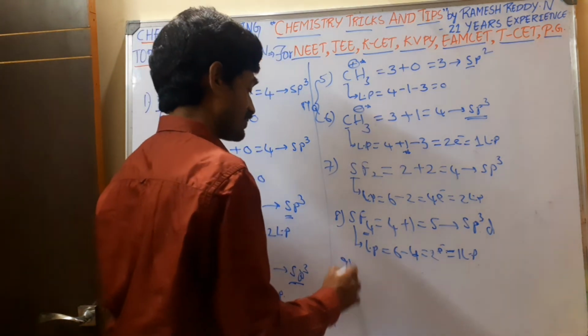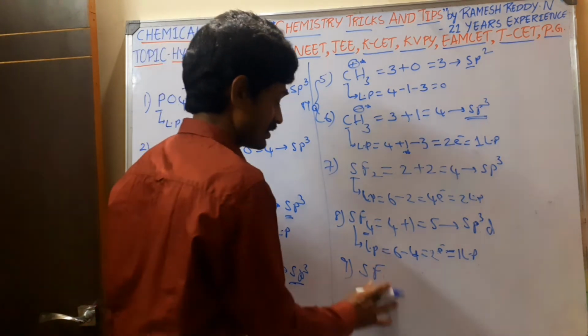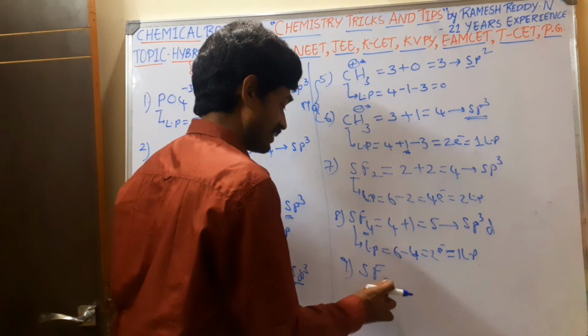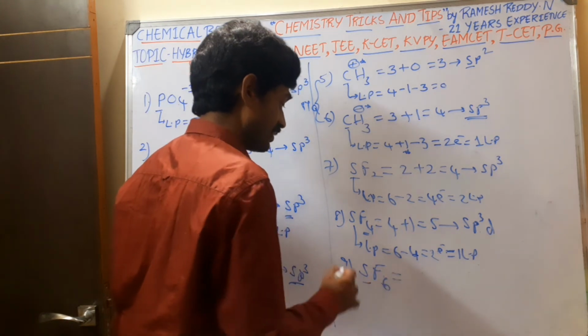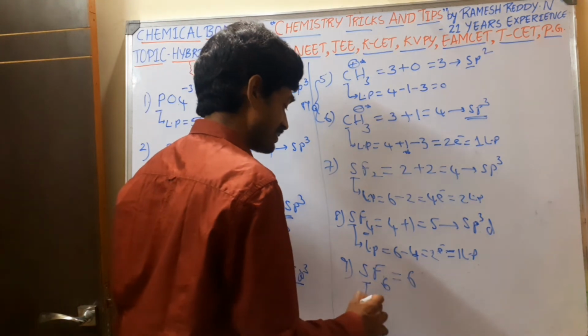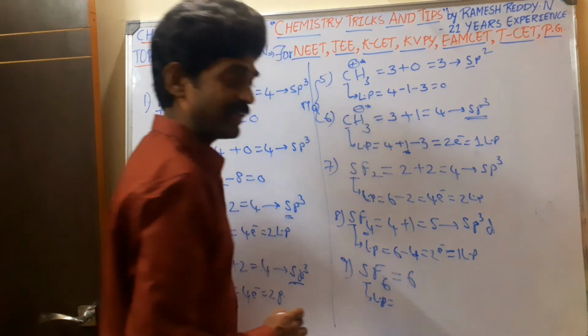Okay. Next one, SF6, sulfur hexafluoride. It is very important. So here the central atom sulfur, bonded atoms are 6 fluorines. How to calculate lone pairs?